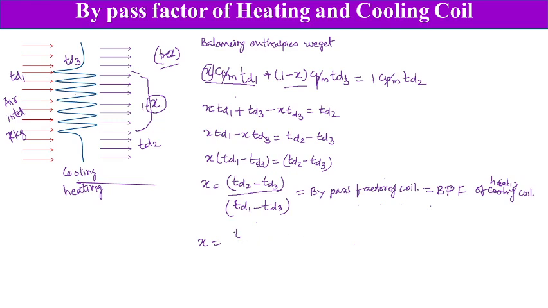If this is written as TD2 minus TD3 whole divided by TD1 minus TD3, this is TD3 minus TD2 divided by TD3 minus TD1.